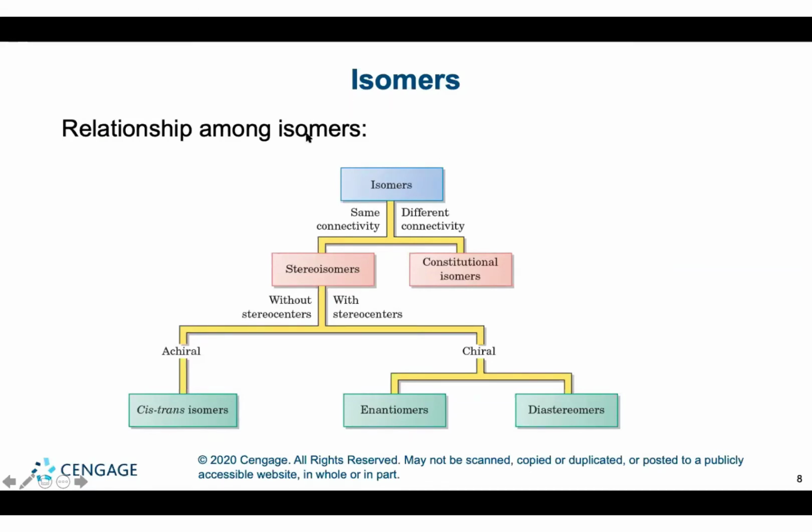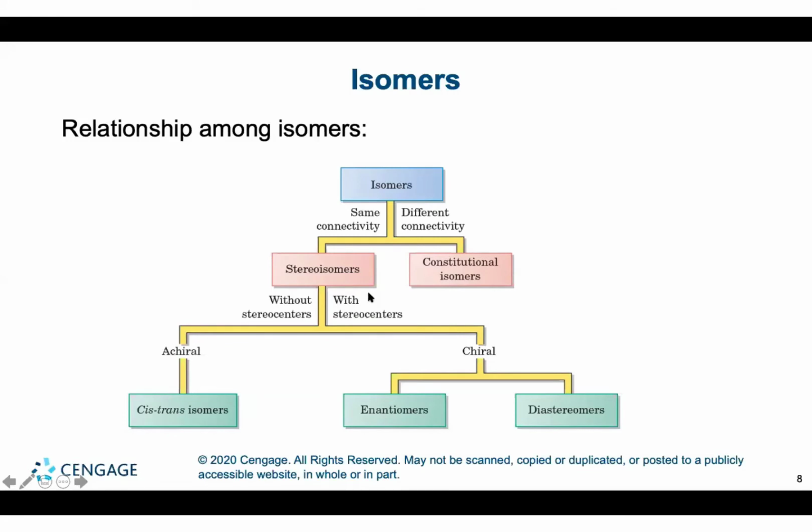We have previously talked about isomers. We know that isomers have the same molecular formula. We have also talked about constitutional isomers, which have different connectivity between atoms. And today we're going to talk about the isomers that have the same connectivity, and these are stereoisomers.